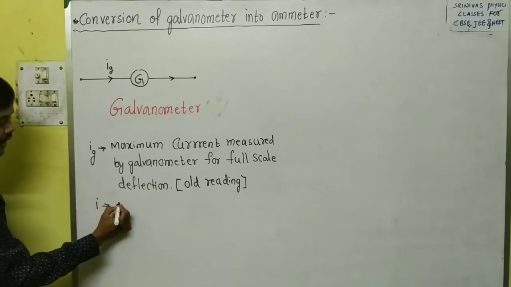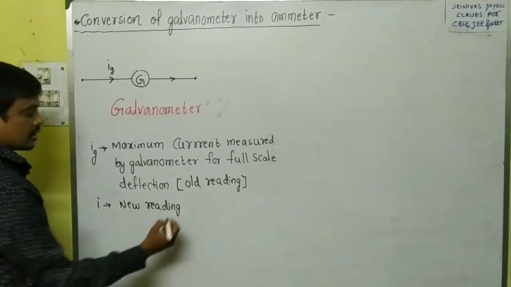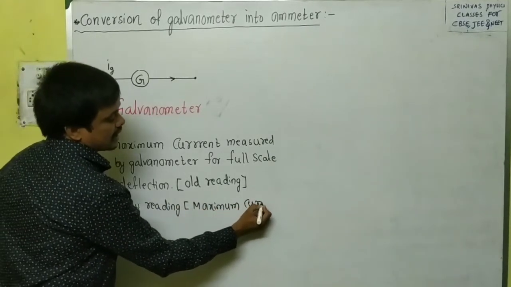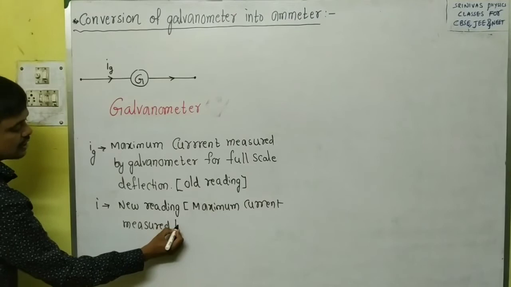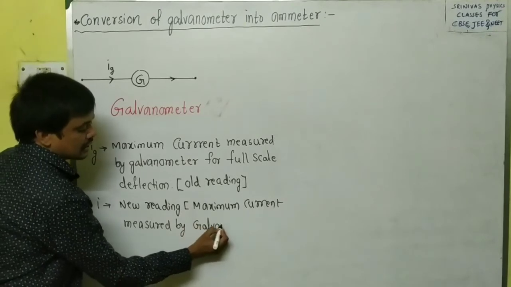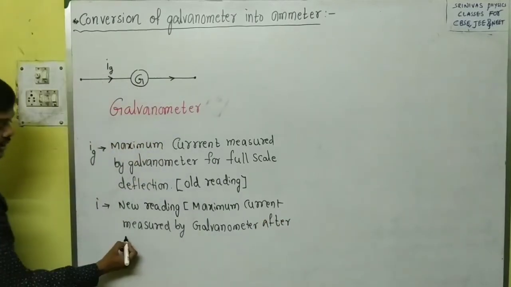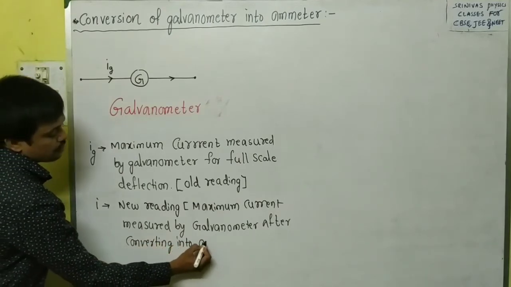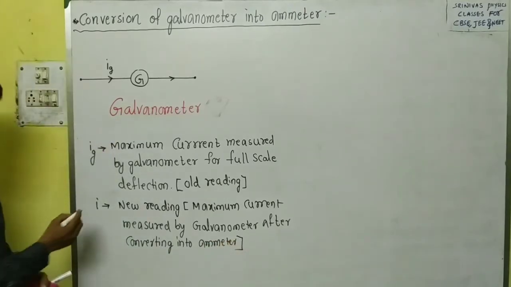I is the new reading, or maximum current measured by the galvanometer after converting into an ammeter. After I convert the galvanometer into an ammeter, it can measure the current I, the maximum current I.